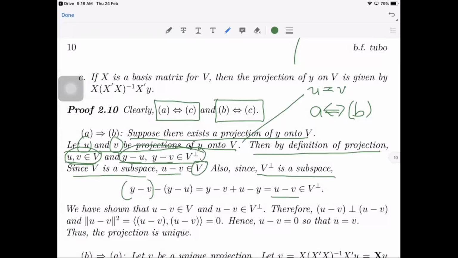So we have shown that U minus V is in V. Also, U minus V is in V perp. So what does that mean?